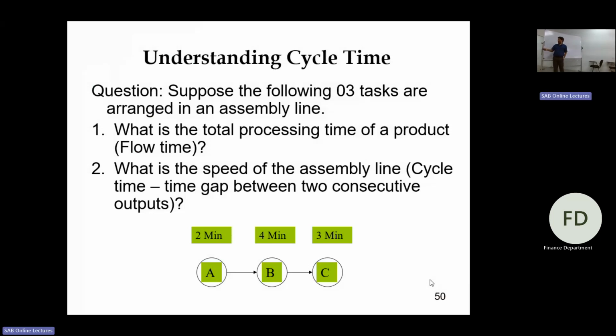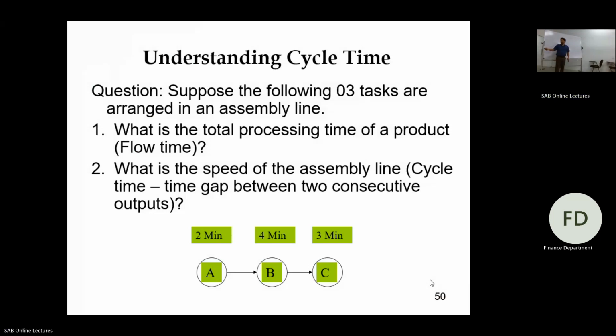In this case, A, B, and C, we understood it is activity B. The time of activity B, that is 4 minutes, is the cycle time. So if the process is arranged like this, every 4 minutes we will get an output.